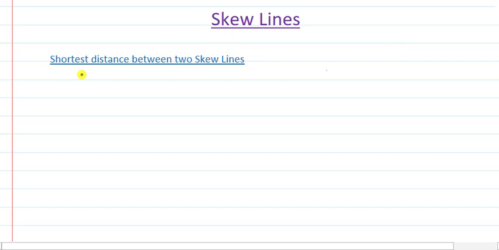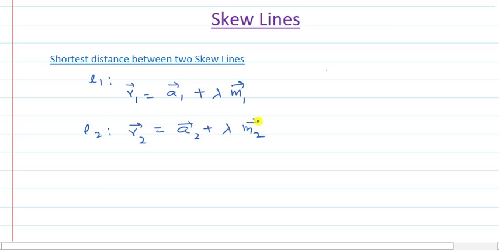Now let us discuss how to find the shortest distance between two skew lines. As we know very well, the equation of a line is given in vector form. Let me take line 1, this is L1, having vector equation R1 is equal to A1 plus lambda M1, and the second line L2 is R2 is equal to A2 plus lambda M2.